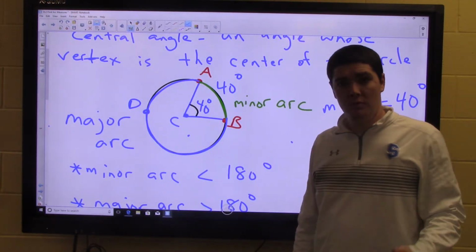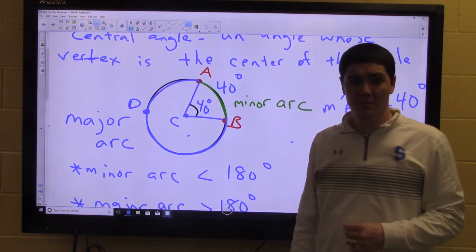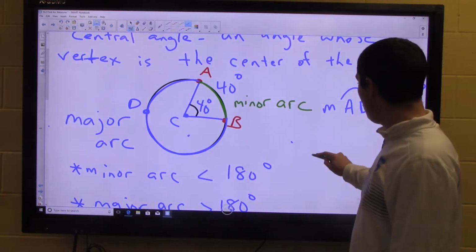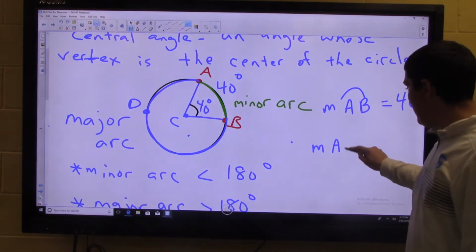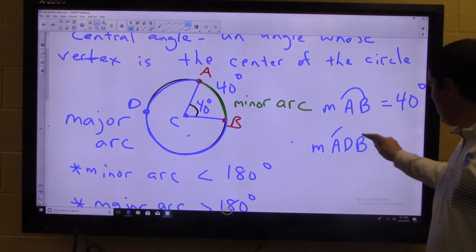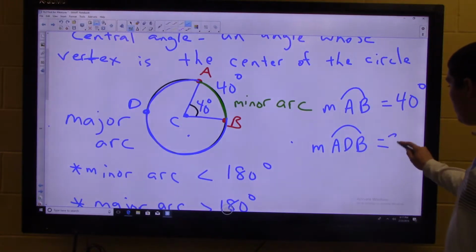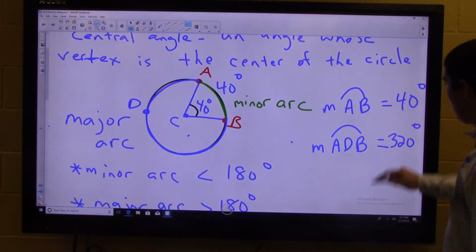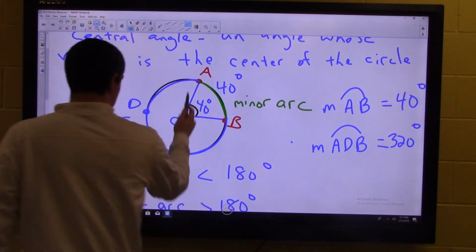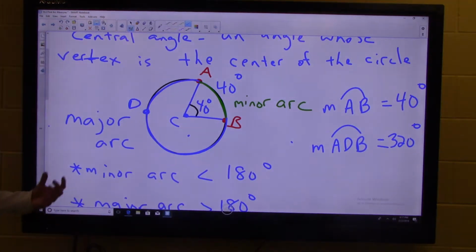Hopefully you got that. You just take 360 minus 40. So the measure of arc ADB is 360 minus 40, which is 320. So this whole arc right there would be 320 degrees. Hopefully that makes sense.